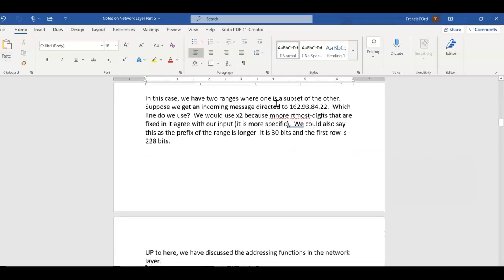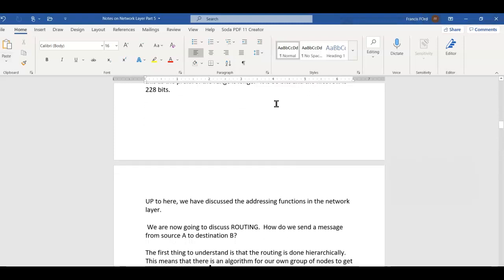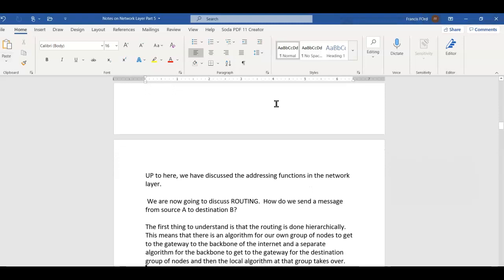Now, so far we've talked about the addressing functions in the network layer. Now it's time to talk about the routing. This is the first time we have talked about the entire route from the source to the destination.